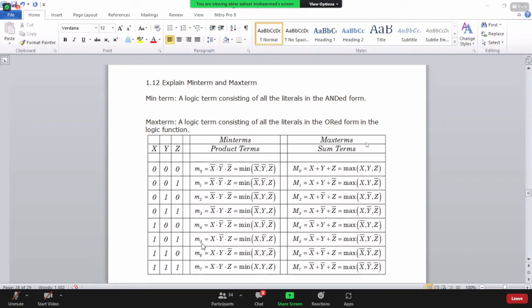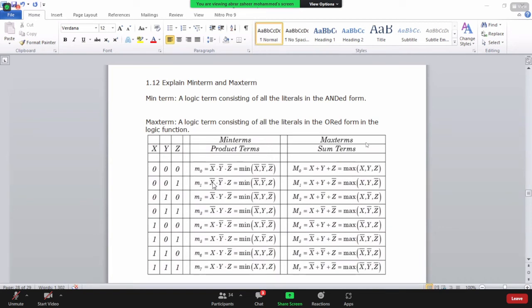For 1, 0, 1, X dot Y bar dot Z. For 1, 1, 0, X dot Y dot Z bar. For 1, 1, 1, X dot Y dot Z. Okay. These are the min terms for the three variables X, Y, and Z. And for the max term, 0 is considered as X, and 1 is considered as X bar. Okay.